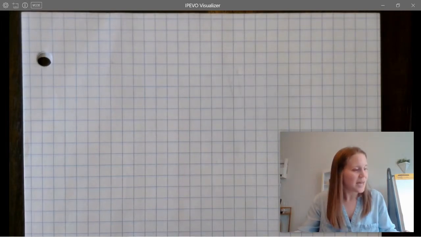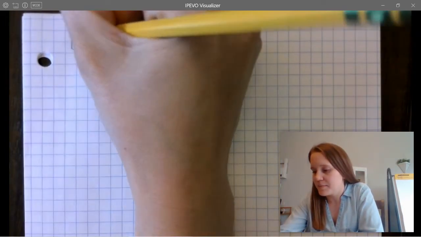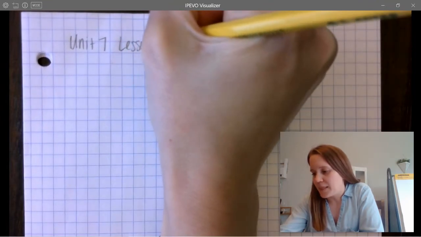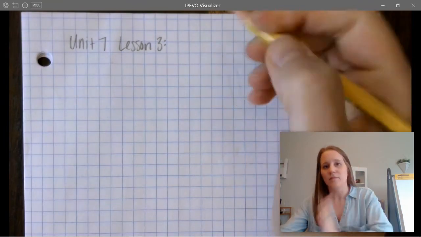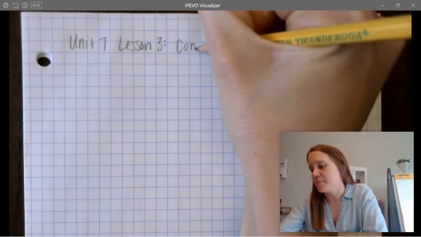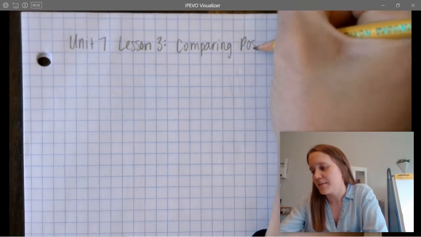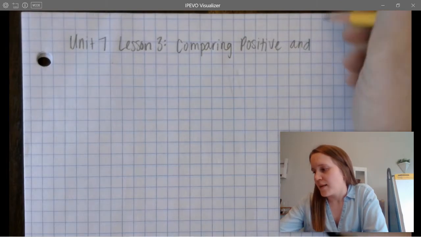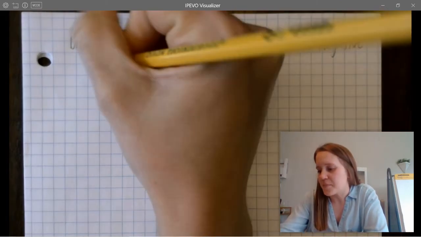Here we go. Today we are working on Unit 7, Lesson 3. We are comparing, please make your paper look like mine, comparing positive and negative numbers.